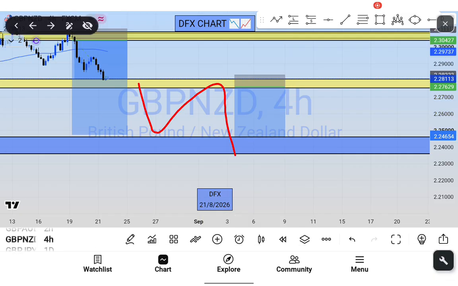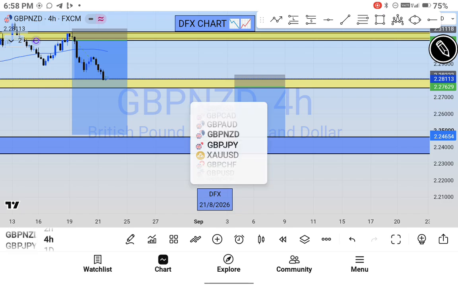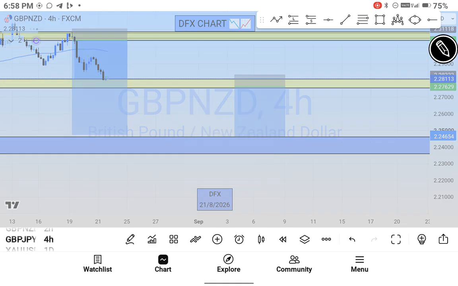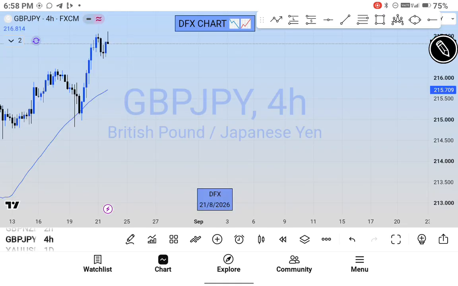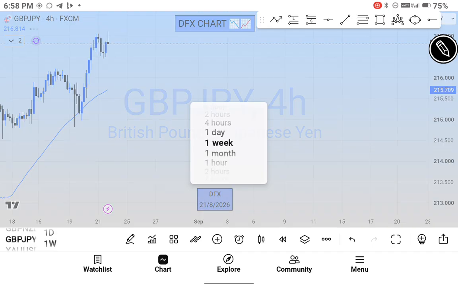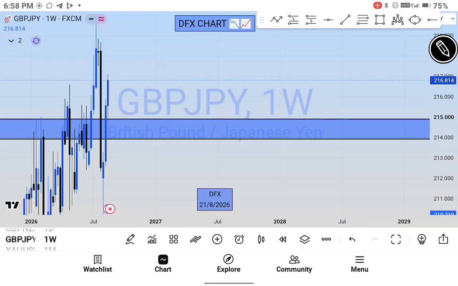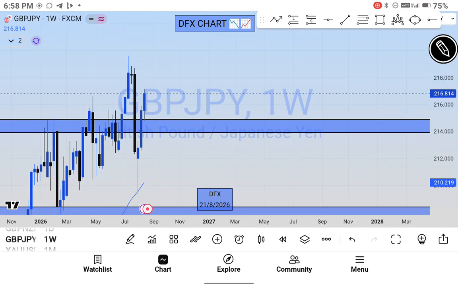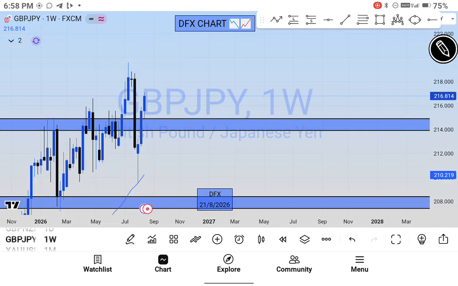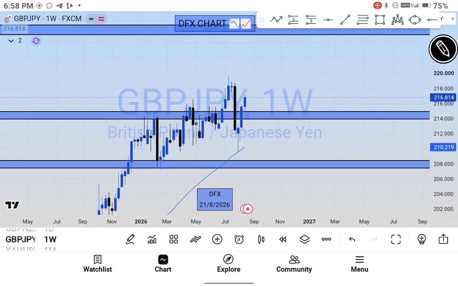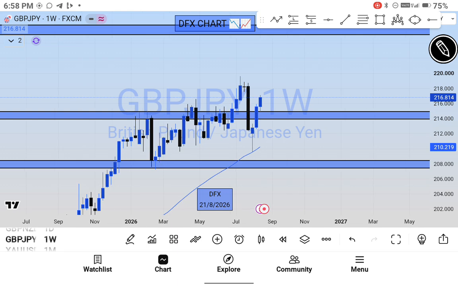Okay, so pounds JPY. Actually, with pounds JPY, I was looking for a buy, but I am a conservative trader, so I'm not aggressive. I wait for my setup. Now pounds JPY on a weekly time frame, the price has been in a little range.